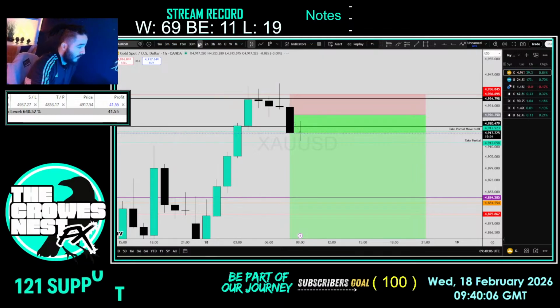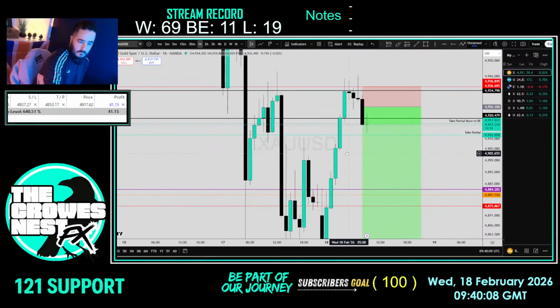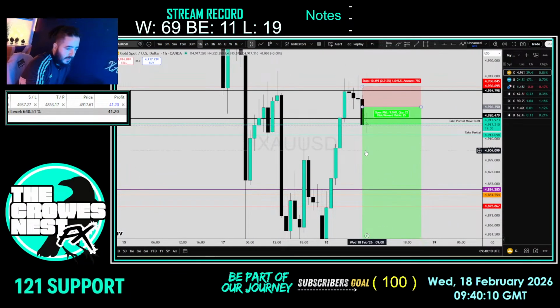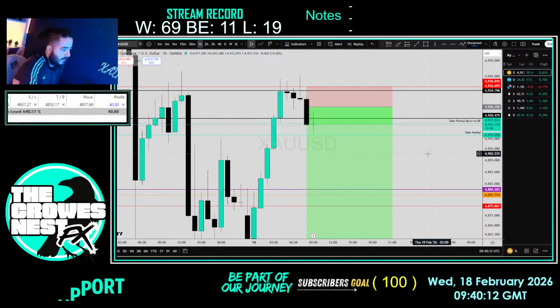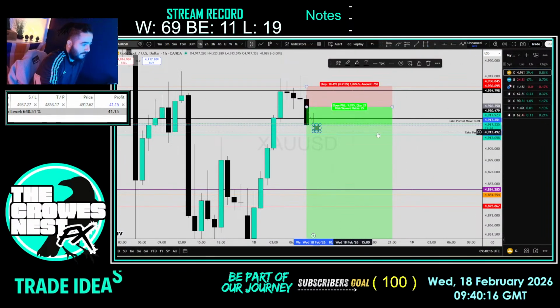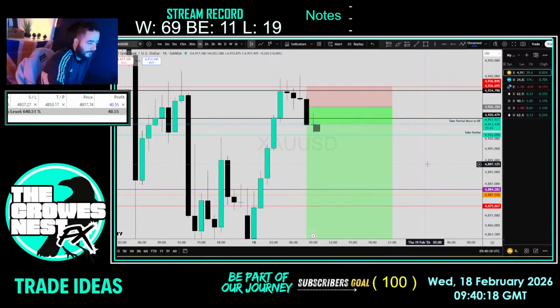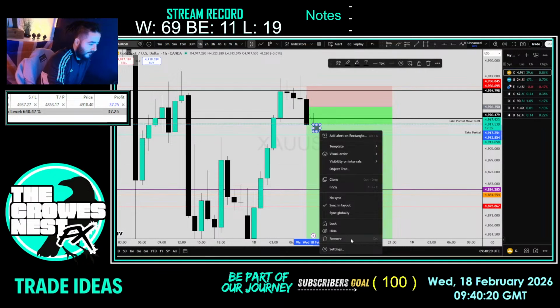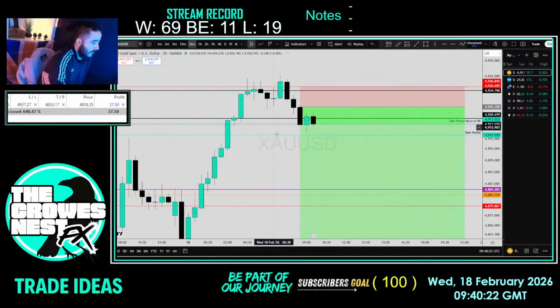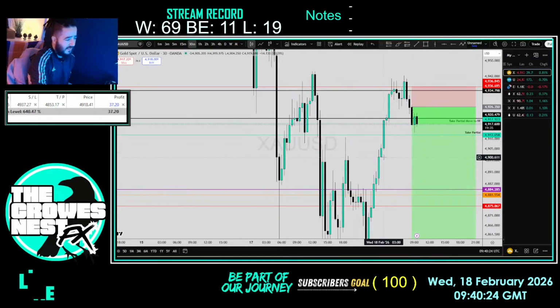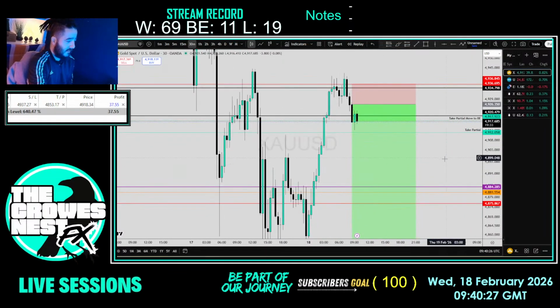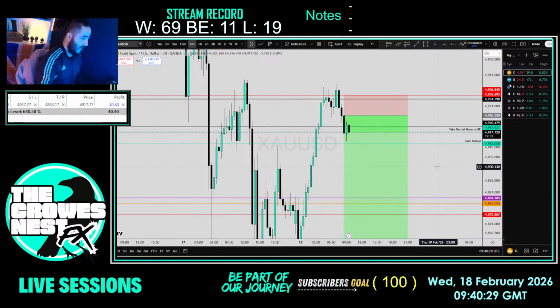Oh, we're dropping. Oh, look at it. MT5 just looks different. So this candle's actually like that on my MT5. Oh, this would be a lovely 30 close. This 30 closes like this.